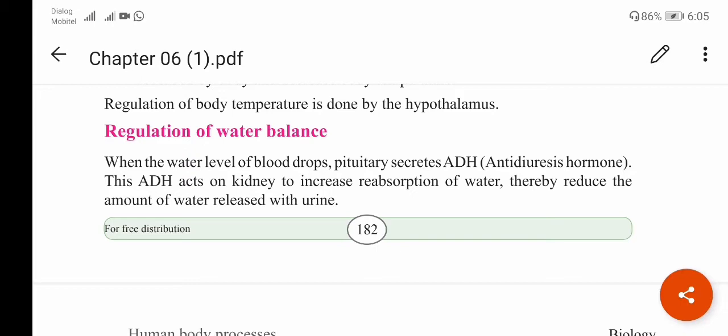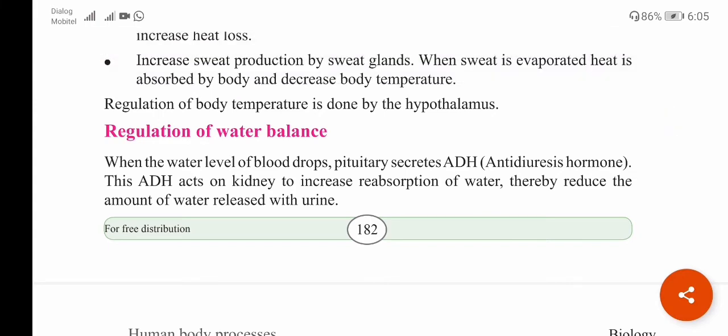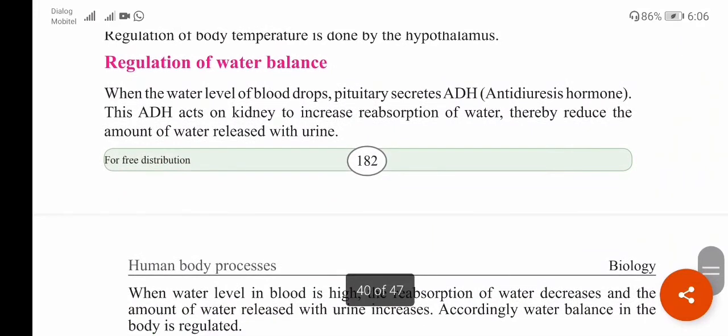If the reabsorption increases, the amount of water in the blood increases, thereby reducing the amount of water released with the urine. That means the water level will increase in the blood.